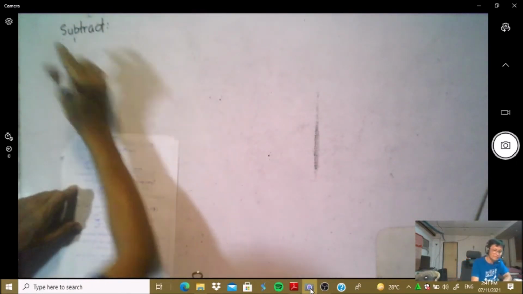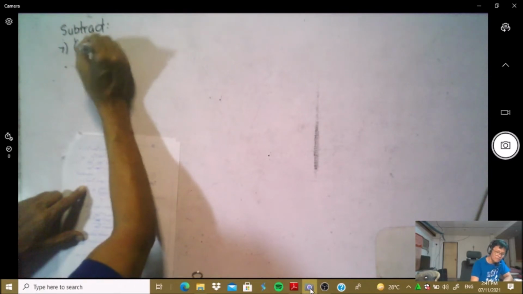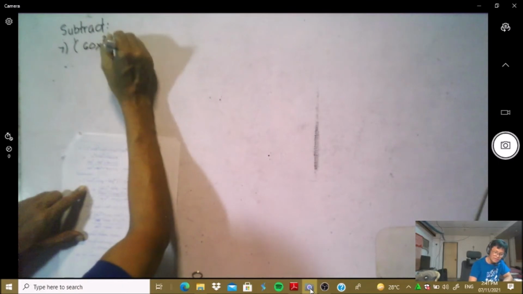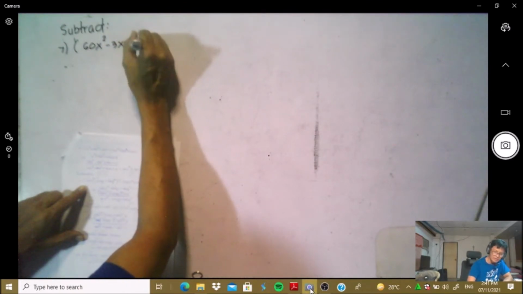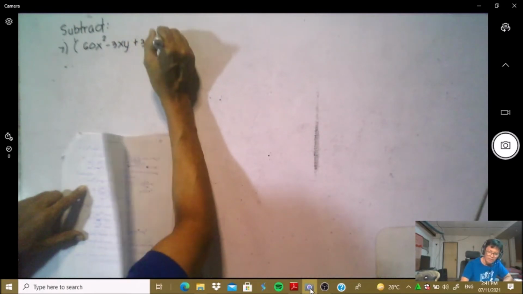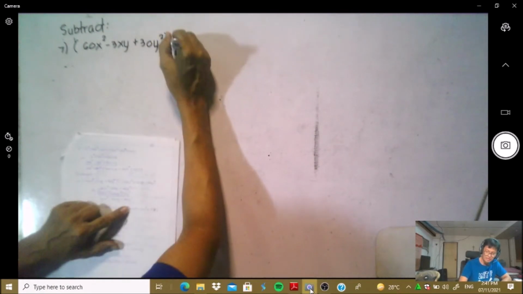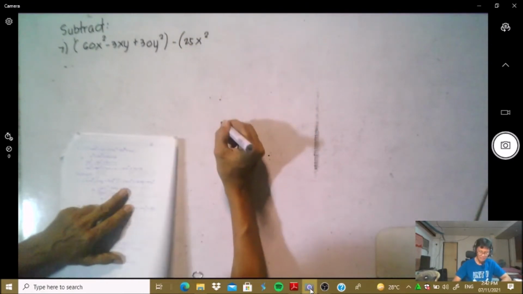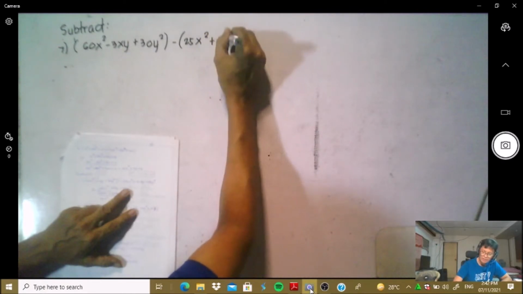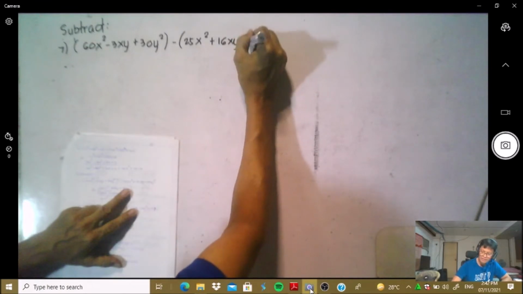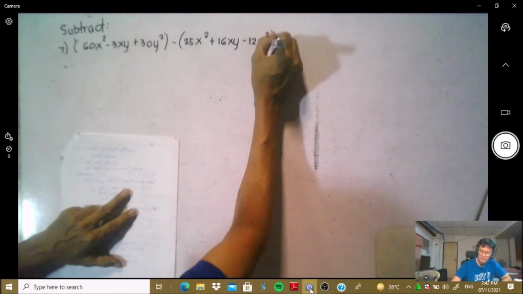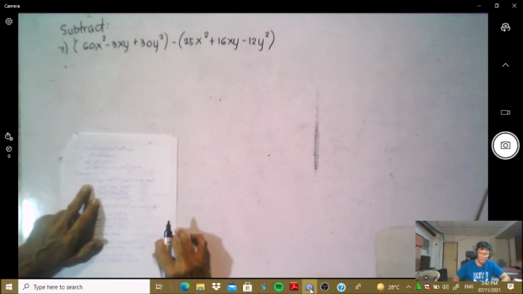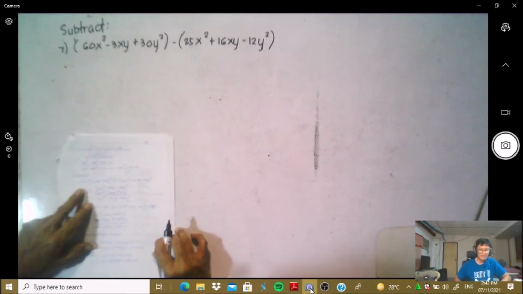So for number 7, we have 60x squared minus 3xy plus 30y squared, minus 25x squared plus 16xy minus 12y squared. Okay, it's already arranged in order.